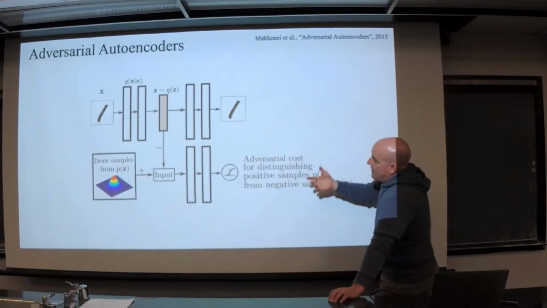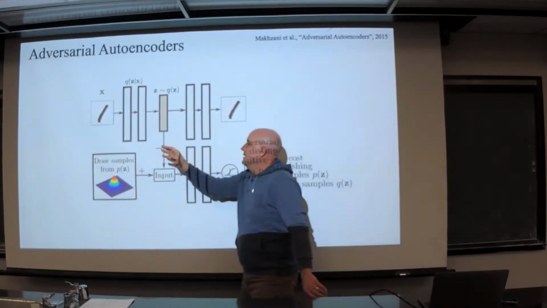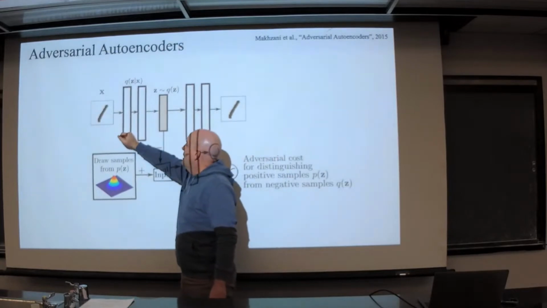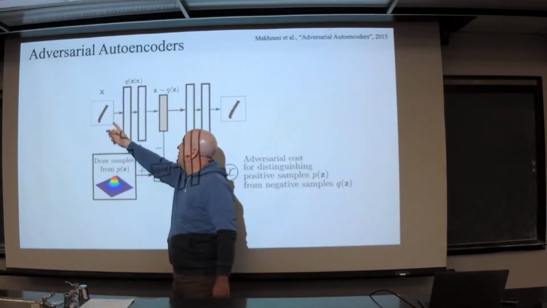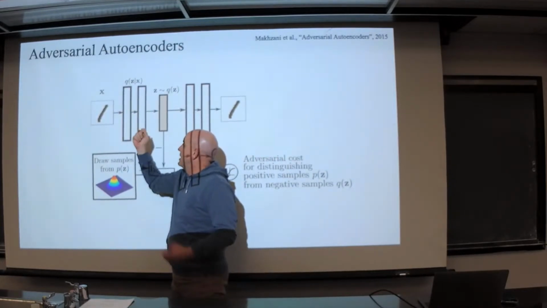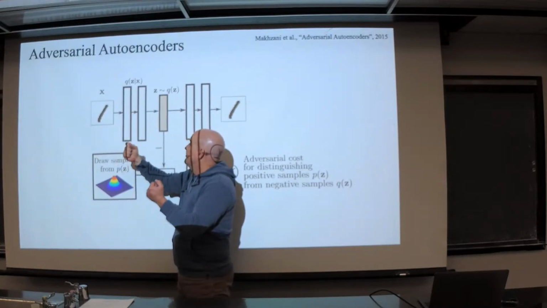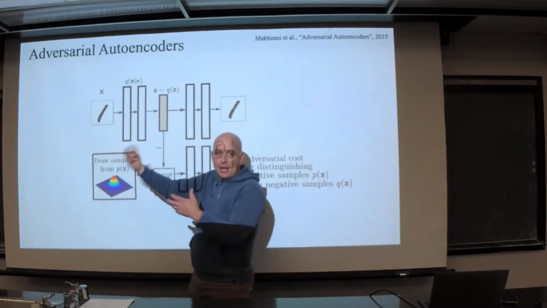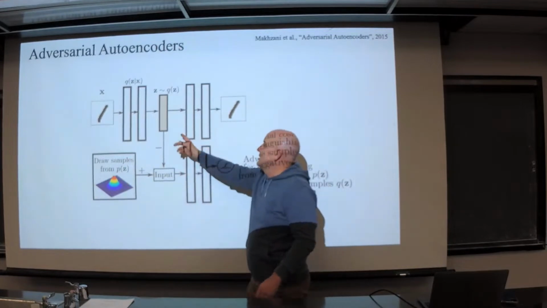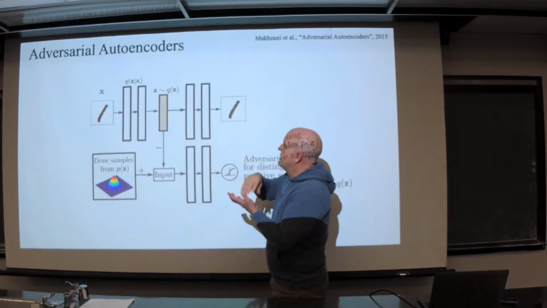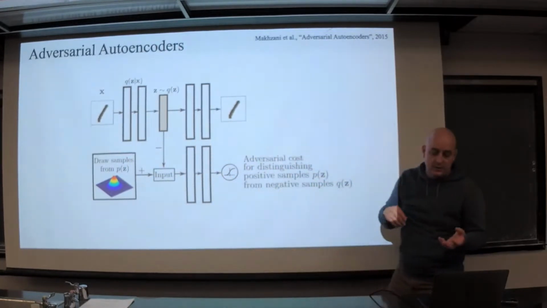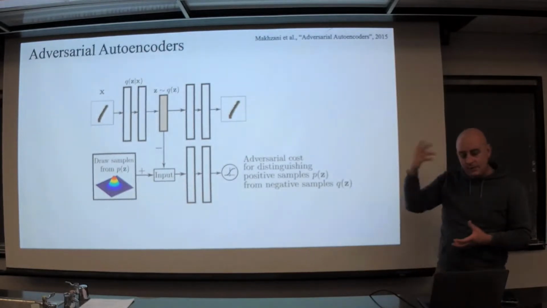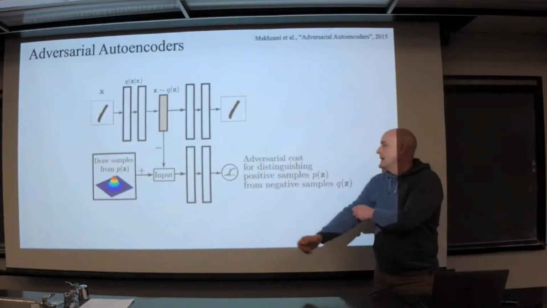And the variational autoencoder makes this a probabilistic model where the encoder produces a mean and a covariance matrix for a normal distribution, then we sample from that. And similarly, the decoder produces a mean and a covariance matrix for a normal distribution, and we sample from that.